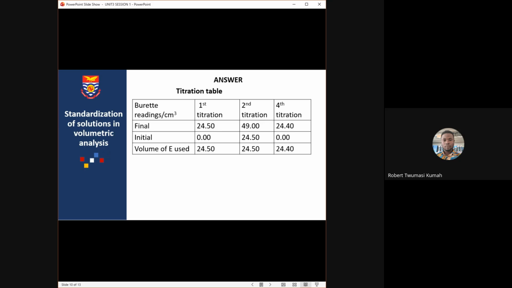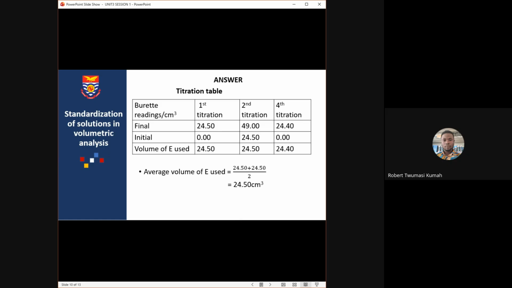It will be best if you go for 1 and 2. But then it's not also bad if you decide to add the third one, because the difference is not, we are talking of plus or minus 0.15, and the difference is just 0.1, so it is not harmful using, but it is best if you use those 2.